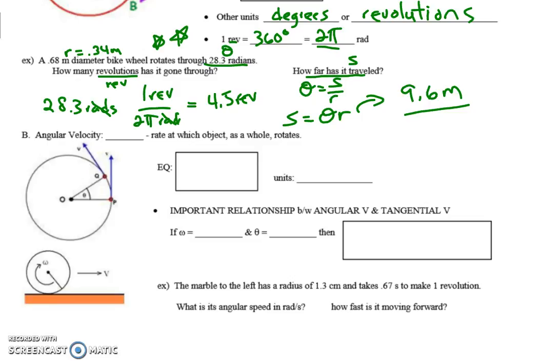Next, when something is rotating, it has a certain speed associated with it. There's a linear forward speed based on distance and time, and then there's a corresponding angular velocity, which is given the symbol omega, a W with a little squiggle in it, that looks at the rate at which it rotates as a whole. Okay, so if we look at this again, the angle is here right now.